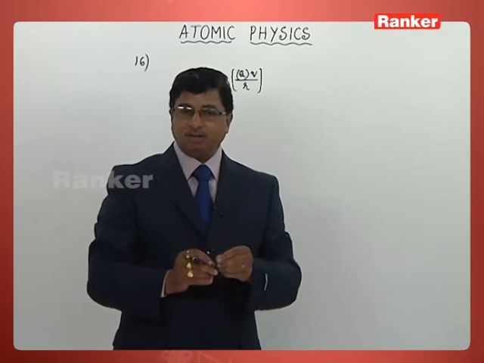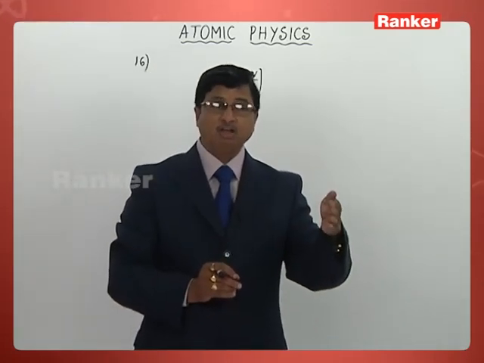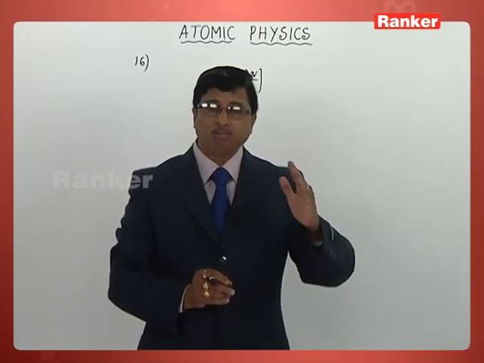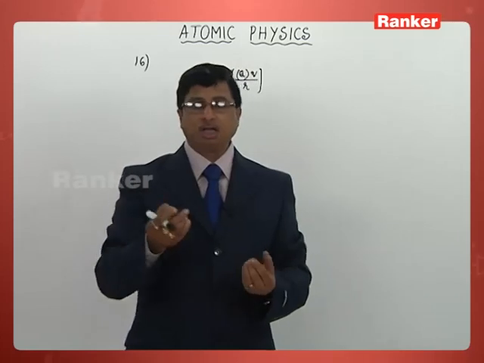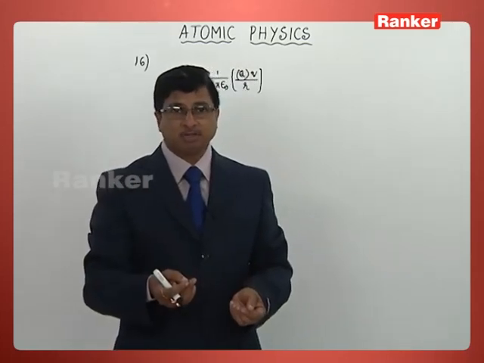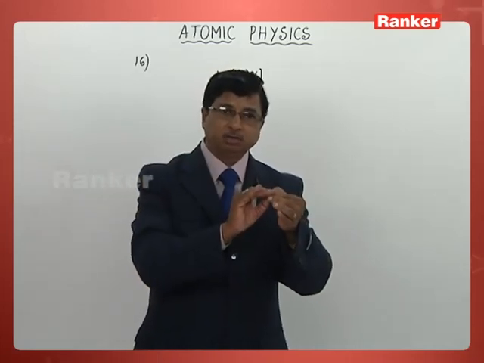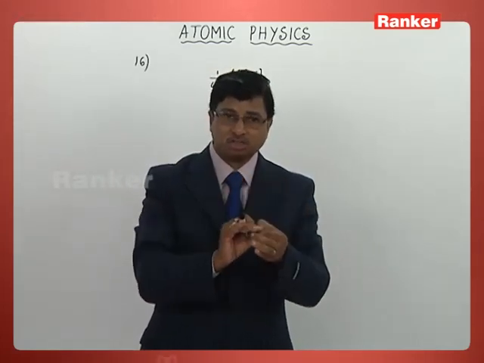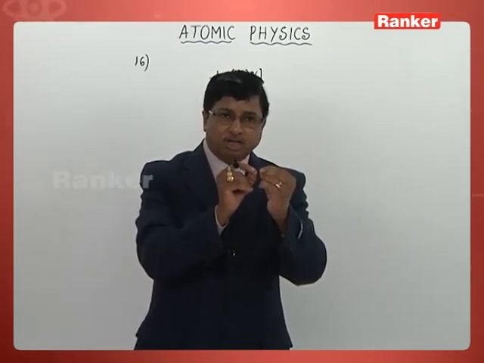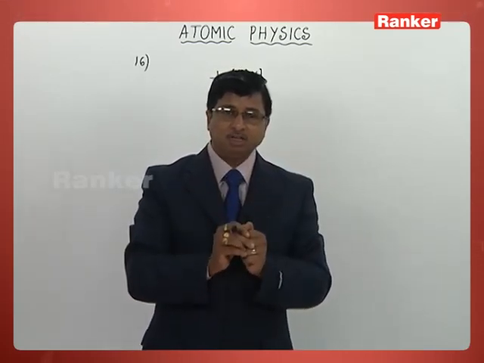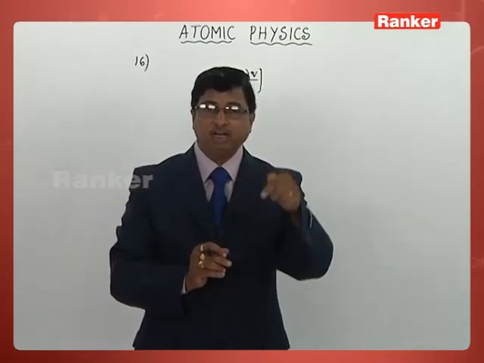In fact, here one is an alpha particle and one is a nucleus. Nucleus also is a very strong positive core. Alpha particle also is positive by nature. There is no chance for them to collide. We know pretty well the repulsion is so much that it can go to a very close distance and it may stop there. What amount of energy is it losing when it is stopping there?